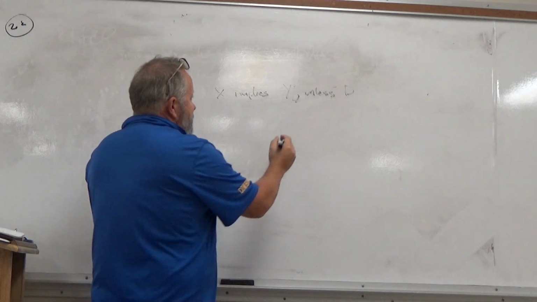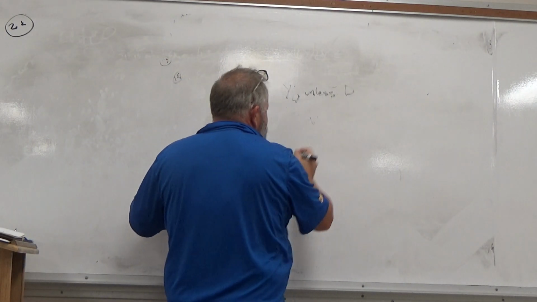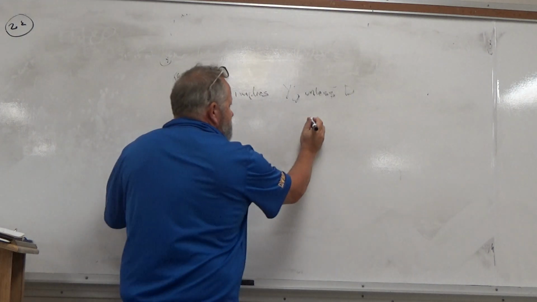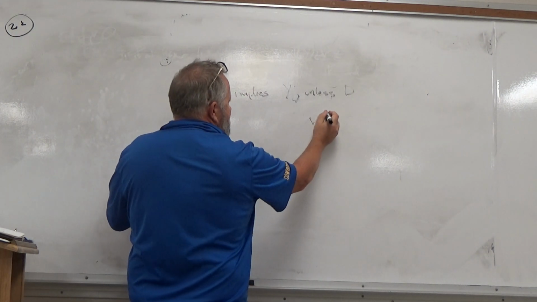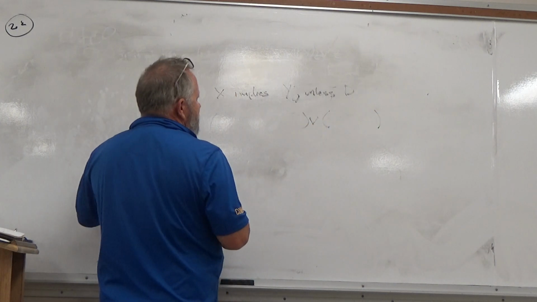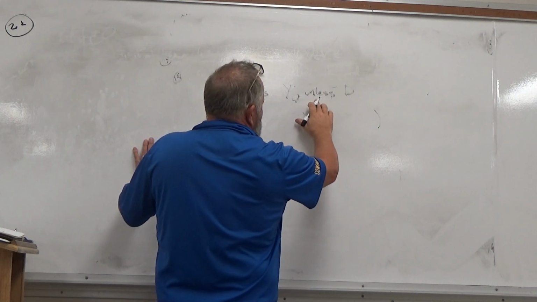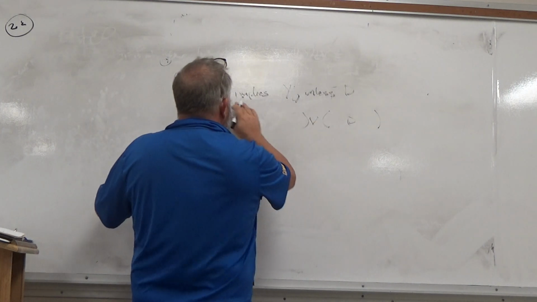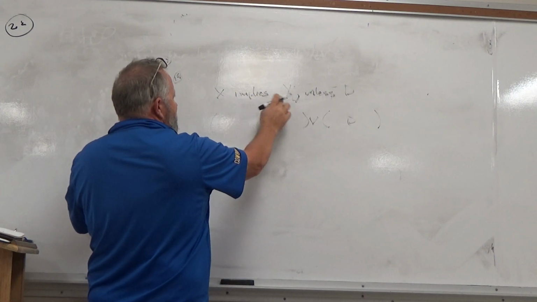Okay, so unless, I said always translate that as an or. Oh, can't see that. So over here's a disjunct, over here's a disjunct. Okay, unless that's D, and over here X implies Y.